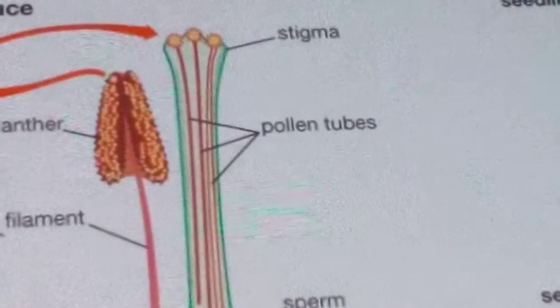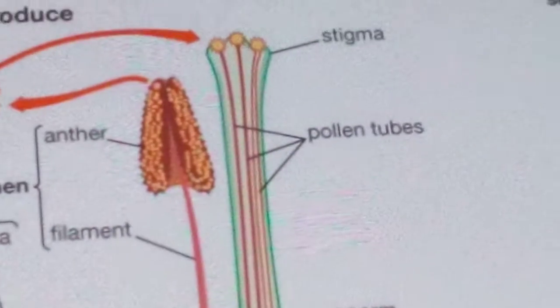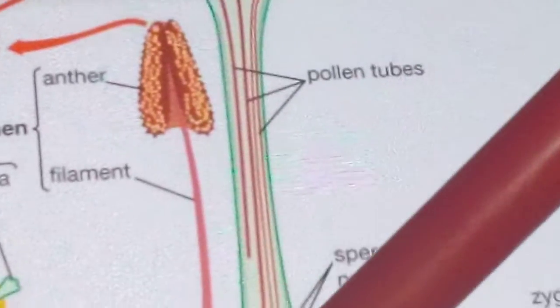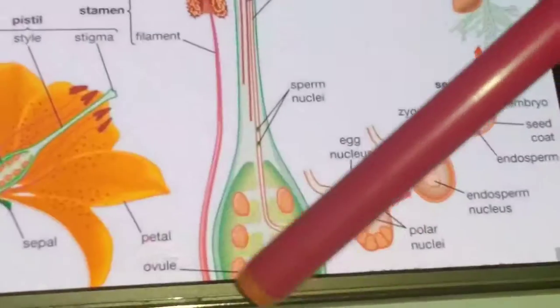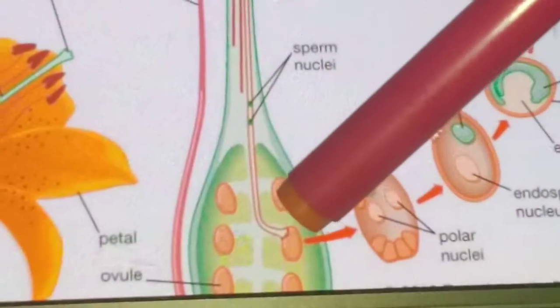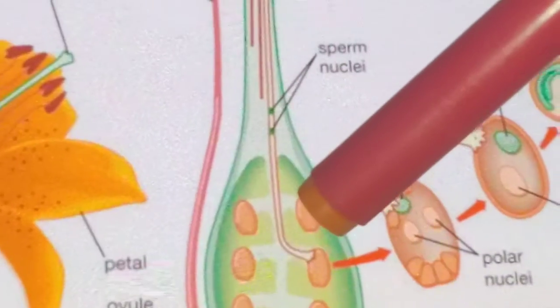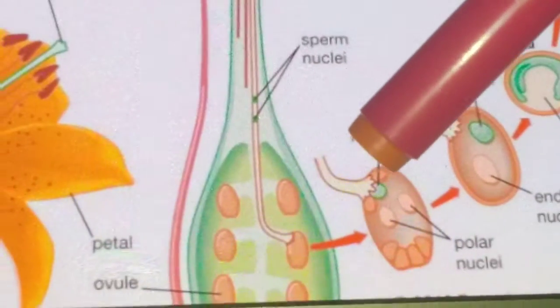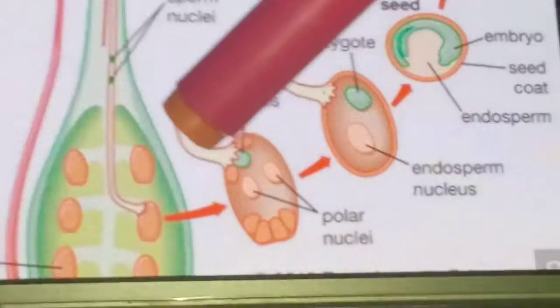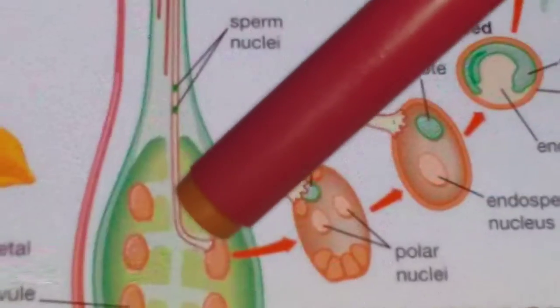The third step is that the pollen tube enters the ovary. This part is the ovary. The pollen tube enters the ovary through the style. In the fourth step, with the help of the pollen tube, male gametes enter the ovary.